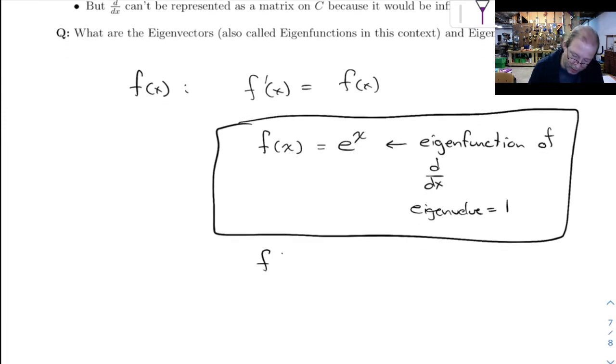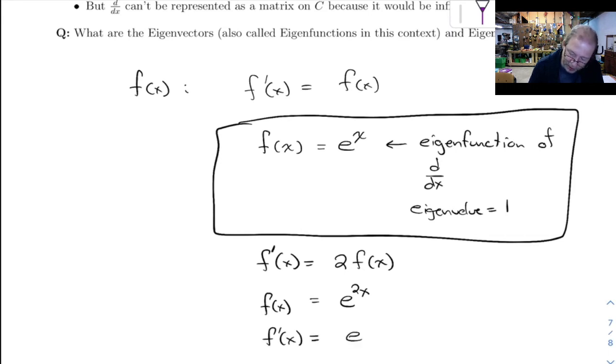All right. Well, can you think of a function where f prime of x is equal to twice the original function? If you think about this a little bit, I think f of x equals e to the 2x will come to mind. Because if you take f prime, you get e to the 2x times 2 by the chain rule. So you get 2 times f of x.